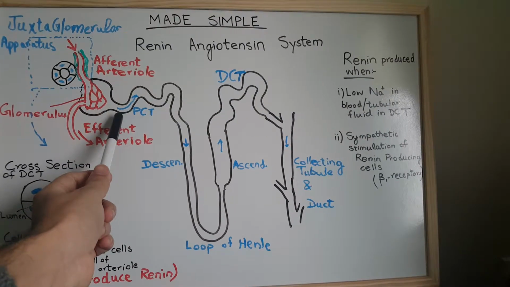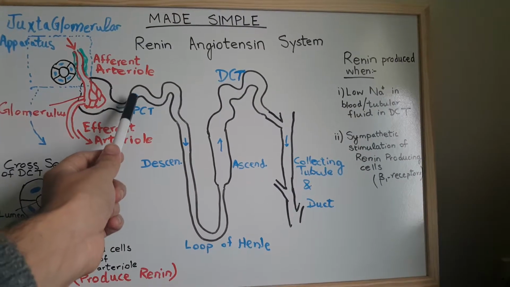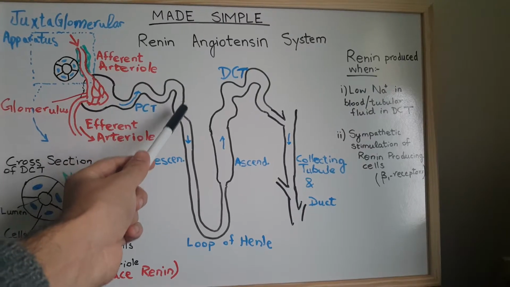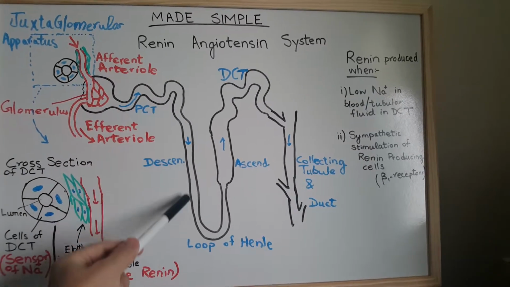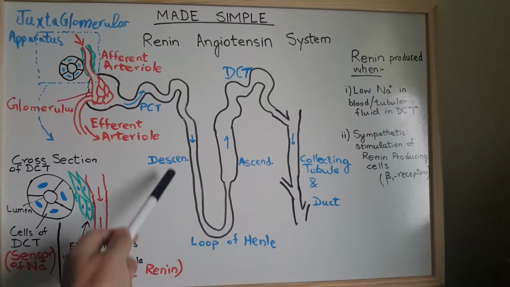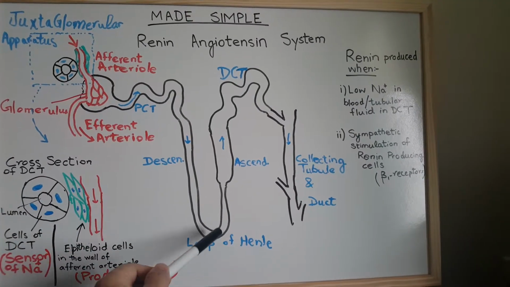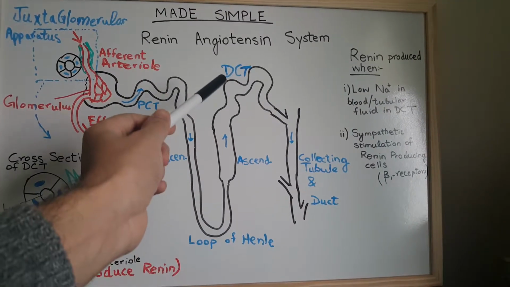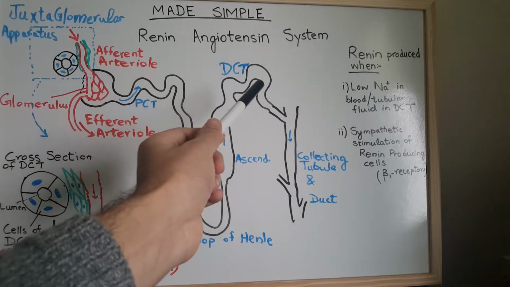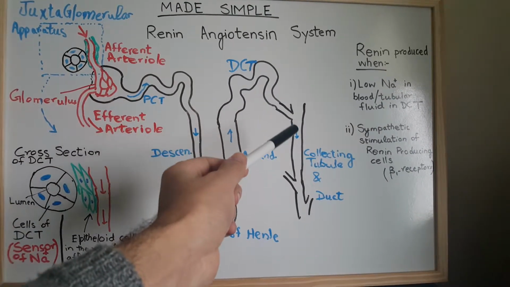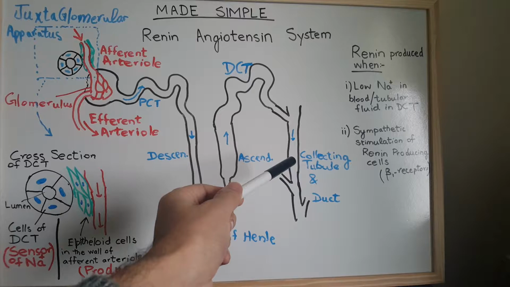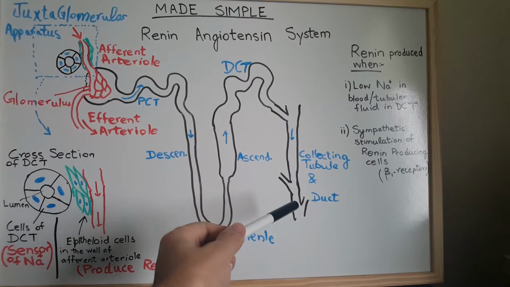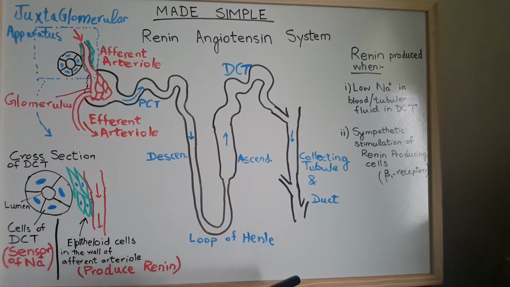The Bowman's capsule continues as the proximal convoluted tubule and then the loop of Henle with its descending limb and ascending limb, and then the distal convoluted tubule, which continues as the collecting tubule and opens into the collecting duct.